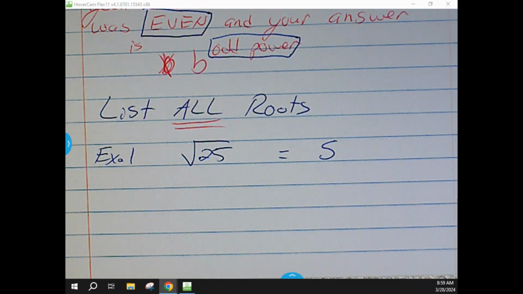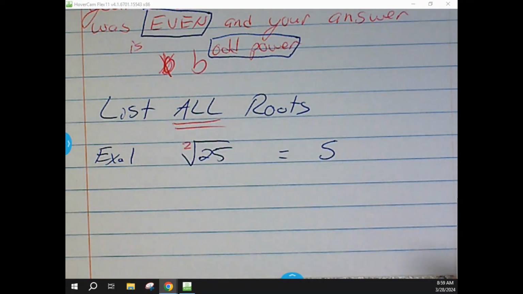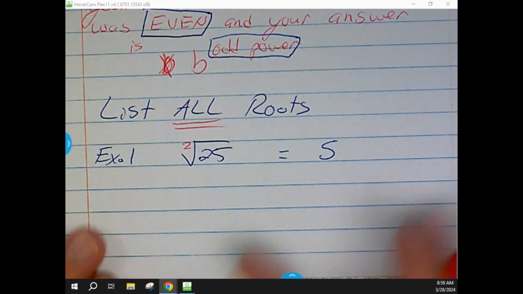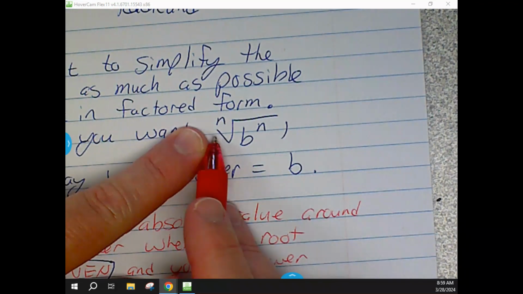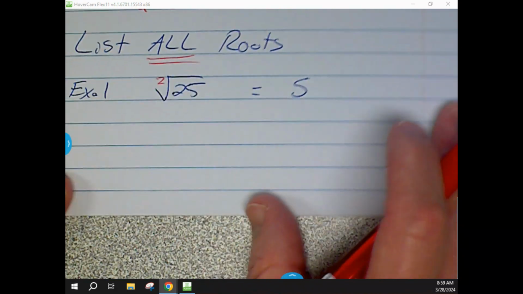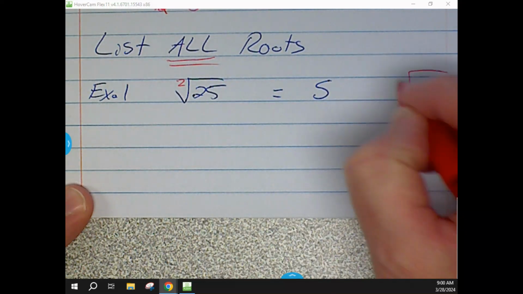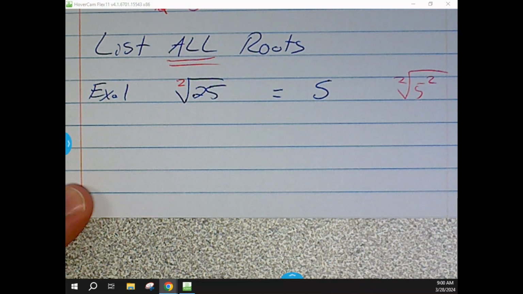Now, if it says list all the roots, what other number can you use? Because if it's the square root of 25, that would be a 2 for the index there, right? Second root. If we want to have the power matched up on the inside and the root on the outside, then technically this is the square root of 5 squared, right?